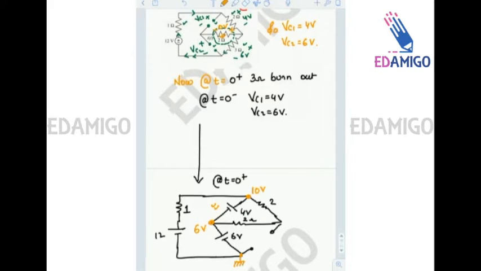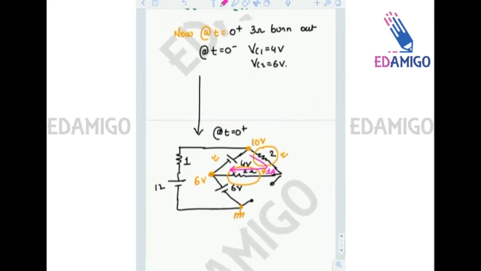I can see that these two resistances are in series, and the total drop across them is 4 volts. So the current in this loop will be 1 ampere, because the total drop has to be 4 volts and the resistance in the path is 4 ohms.